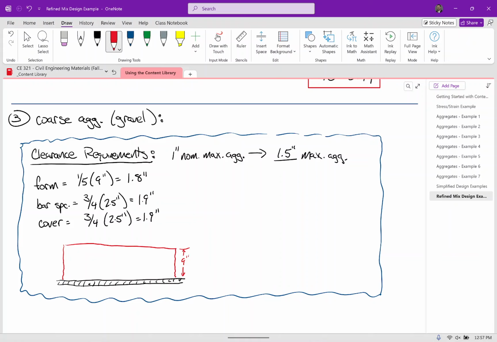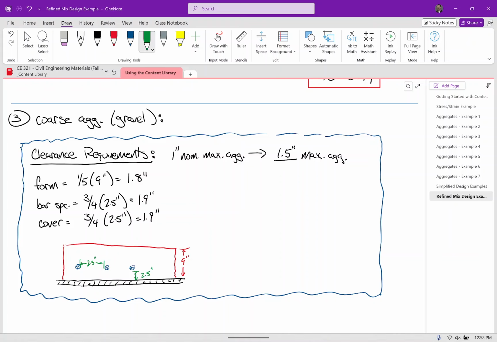And we're going to put rebar in here. Actually, hold on. I think I can make that a little bit better. Let's just do that. That's close enough for the purposes of the discussion. And what I'm saying is that this dimension here is 2.5 inches, and this dimension here is also 2.5 inches.